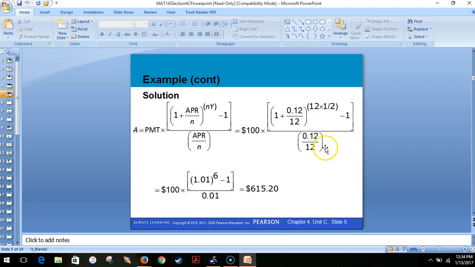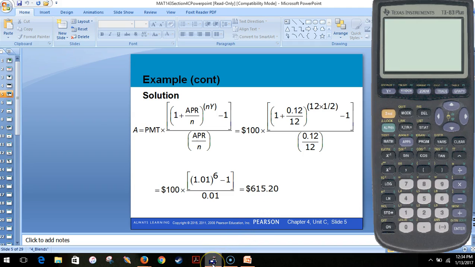Then we're going to divide our APR over N again, because we're not getting the compounding on the full $600 every month, right? It's only on that one piece from before. And when we simplify some of this, we'll be able to see that in 6 months, we'll have $615.20. But this is a lot of calculation, and it's a lot of things to even type into our calculator.